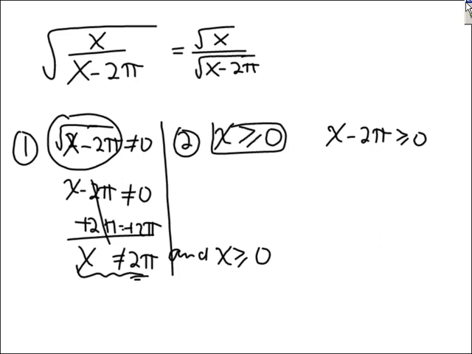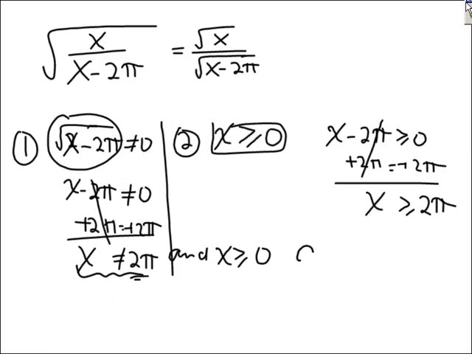Okay, now I add 2 pi here. The right side, 0 plus 2 pi. The left side, I get x. And at the same time, x has to be greater than or equal to 2 pi. So, let's graph this.